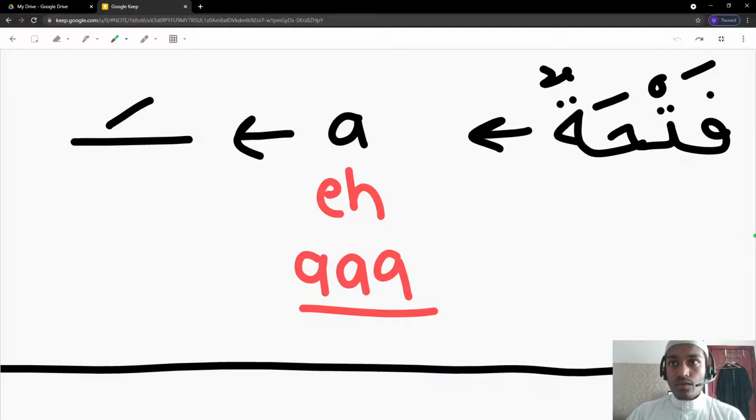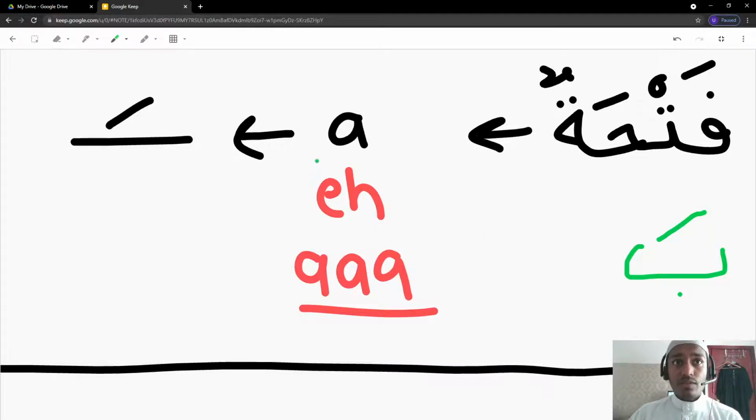We have the name of this letter, which is ba, and the sound of the letter, which is b. The name of the vowel is Fatha, and the sound of the vowel is ah. So we have to add both of the sounds together: b plus ah, ba. I'm going to go through the entire alphabet shortly afterwards, inshallah.